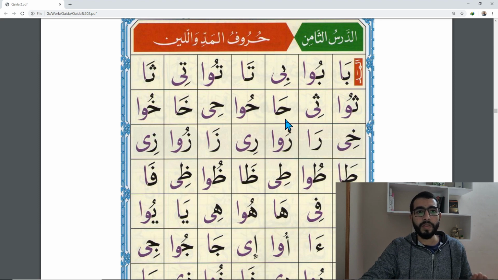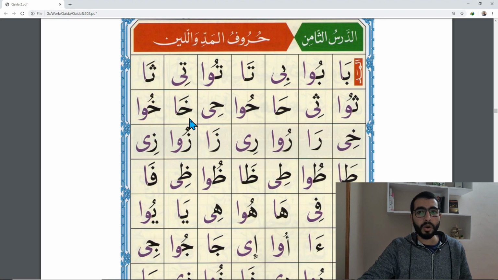So if Ha Fatha takes half a second to say Ha, you have to give it 1 second. Why? Because there is Alif sukun after Ha Fatha, and also Waw sukun after Ha Damma, so you need to stretch it. And there is Ya sukun after Ha Kasra, so you need to stretch it. So Ha Hu Hi.